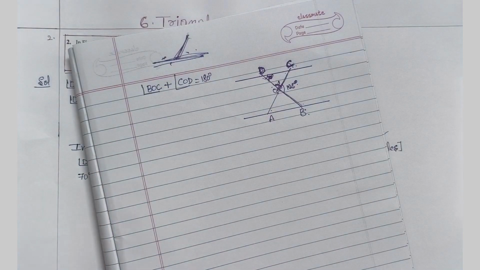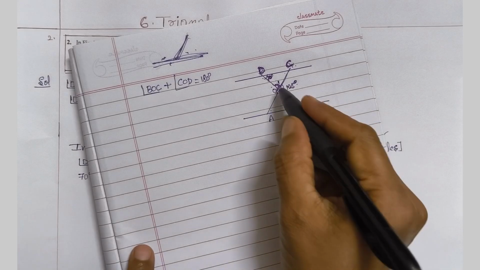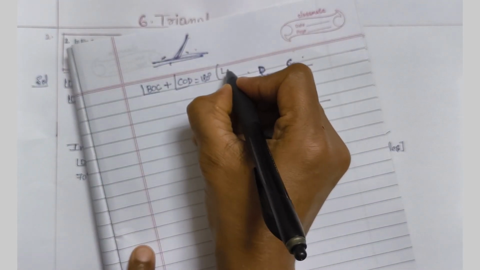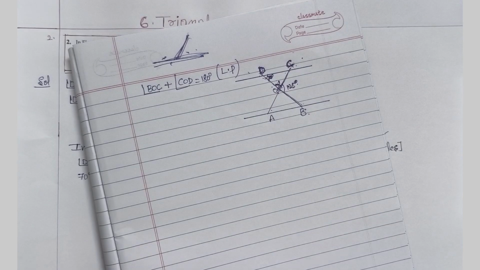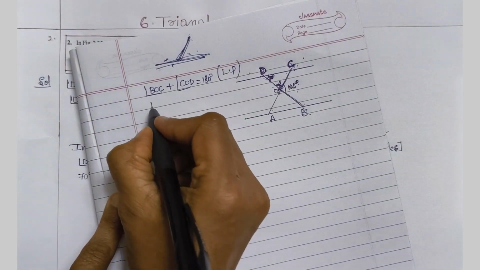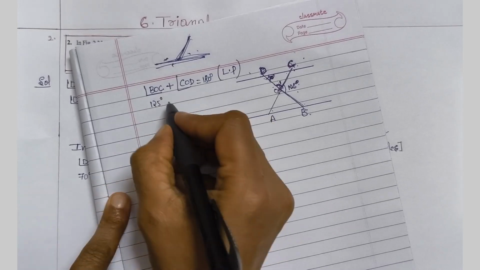A linear pair sums to 180 degrees. So BOC plus COD is 180 degrees. You can write linear pair sum is 180 degrees. BOC is 125 degrees.